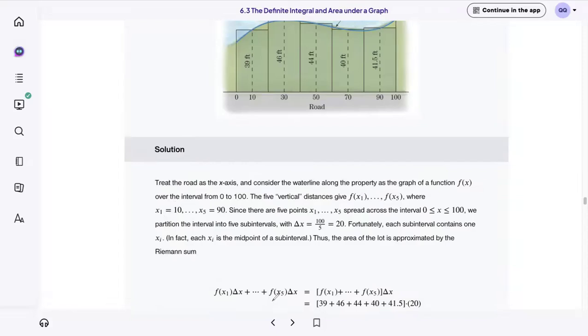You see this one? Let x1 be 10, x5 be 90. Then evaluate f of 10, f of 90. So the middle one. So f of 10 is this one.